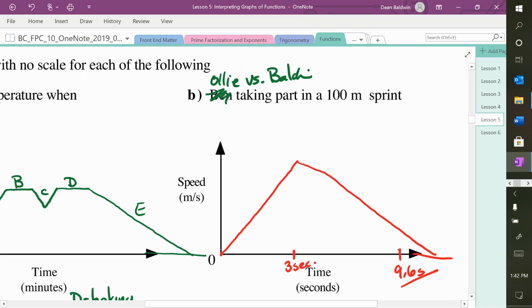Why did I put it there and not here? Because when you cross the finish line, you're not at 0, right? You should be at 100 when you cross the finish line. Why are you going so slow? It's only 100 meters. 9.6 seconds is slow. No, but you went so fast and then all of a sudden you're going slow.